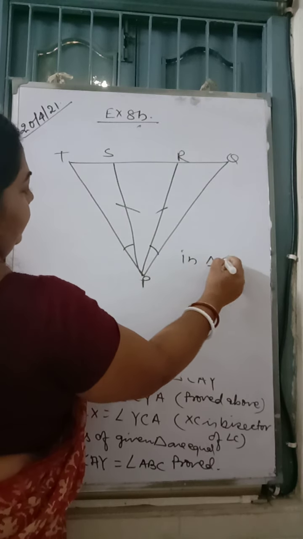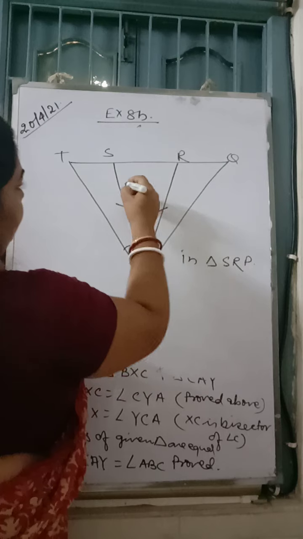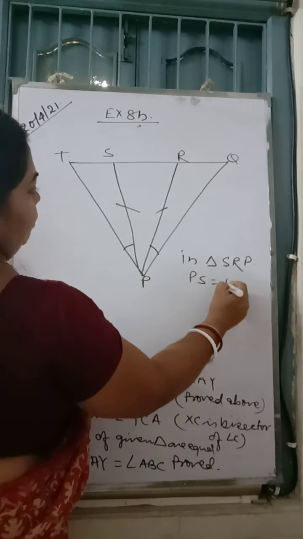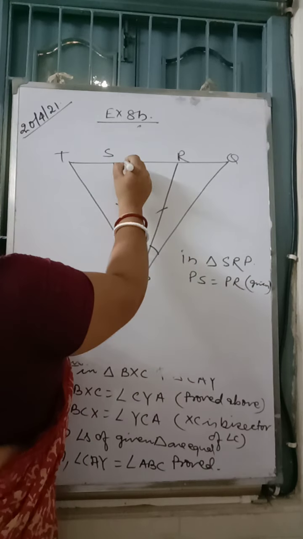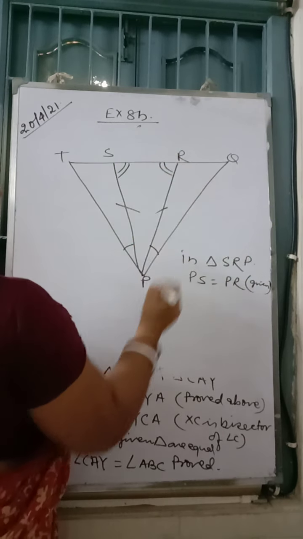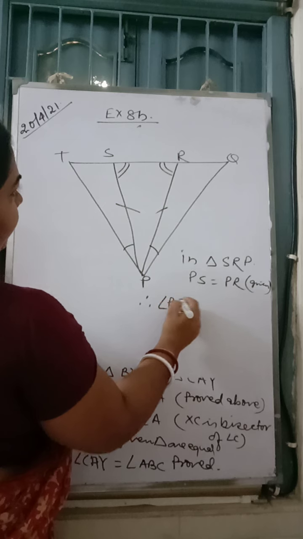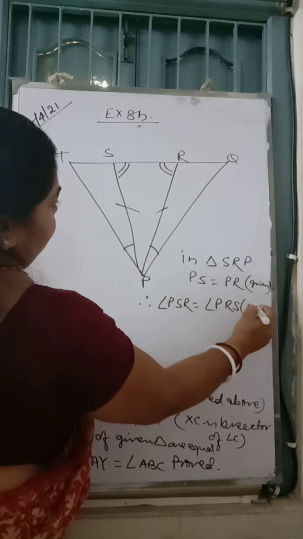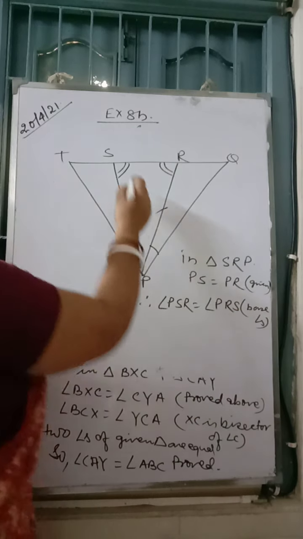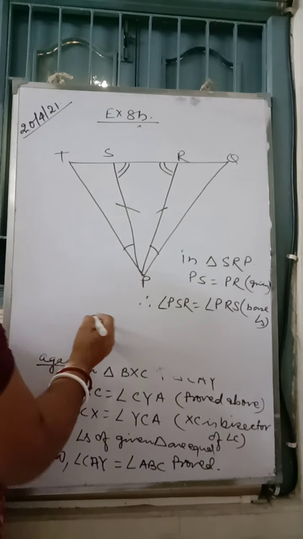Now in triangle SRP, PS is equal to PR, which is given. These two sides are given, so therefore these two angles would be equal. I can write angle PSR will be equal to angle PRS, base angles.